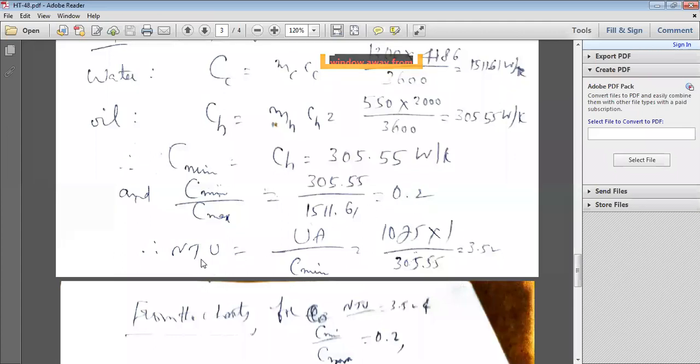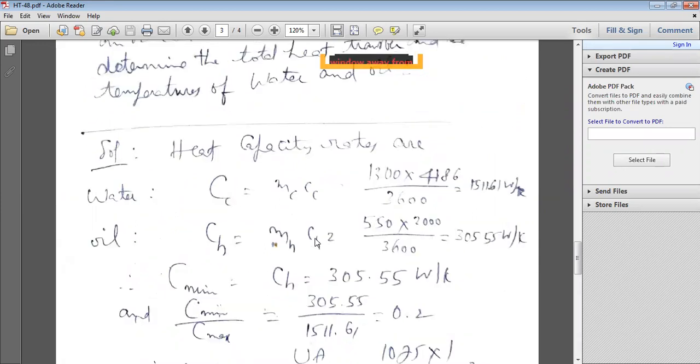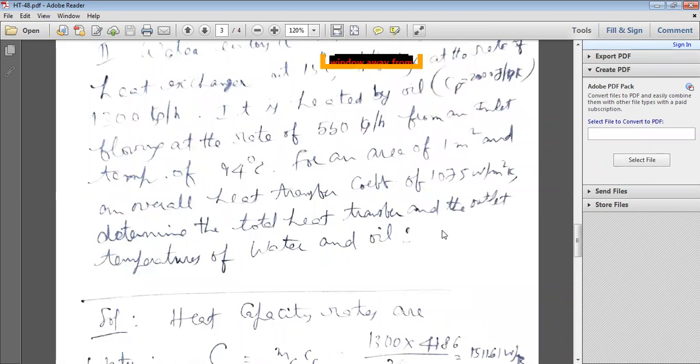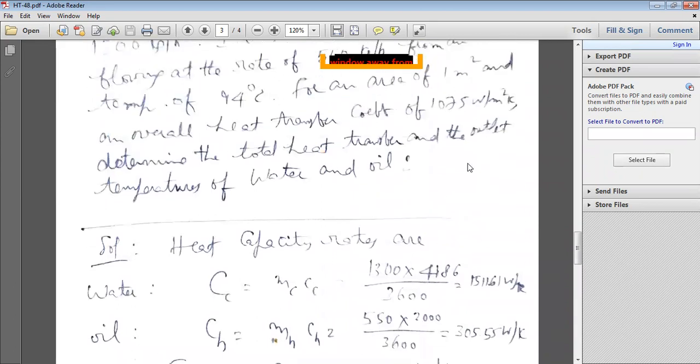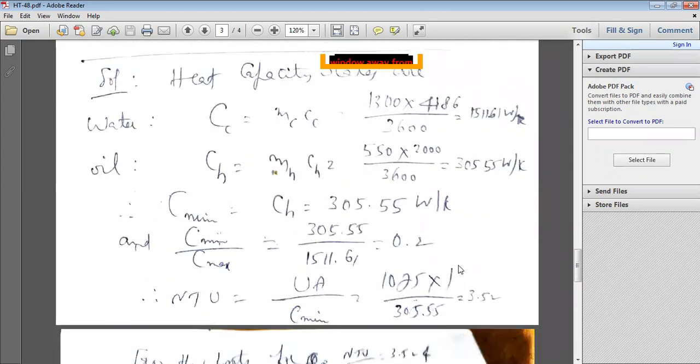Therefore NTU, number of transfer units. How do we calculate it in this effectiveness method? NTU is U into A divided by C minimum. The U value is given as 1075, into area 1 meter square, divided by C minimum value 305.55.